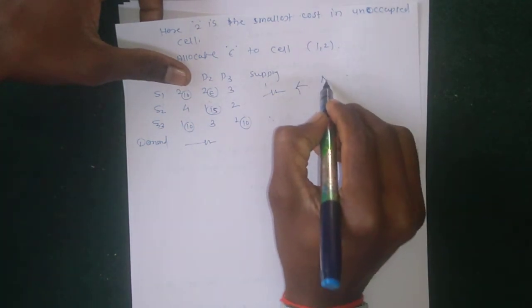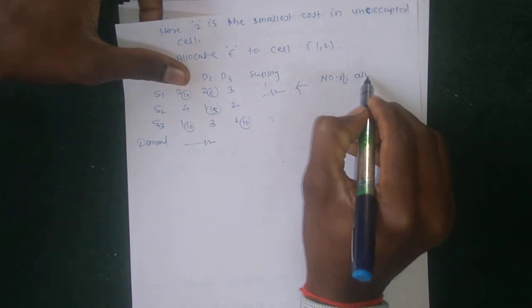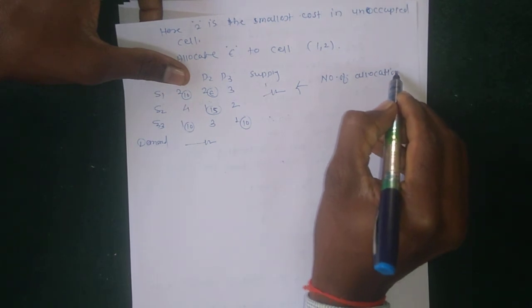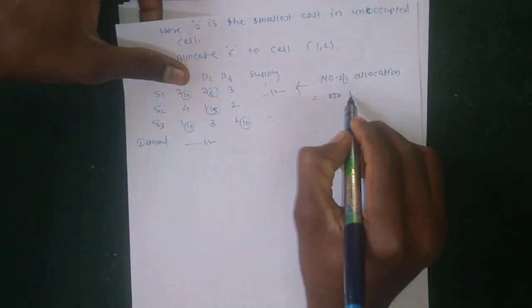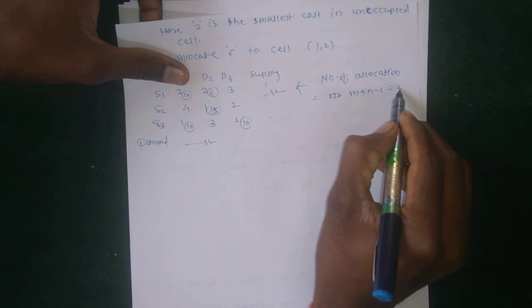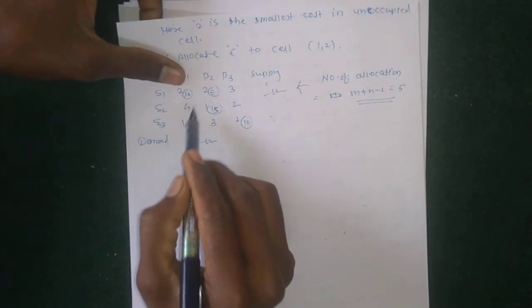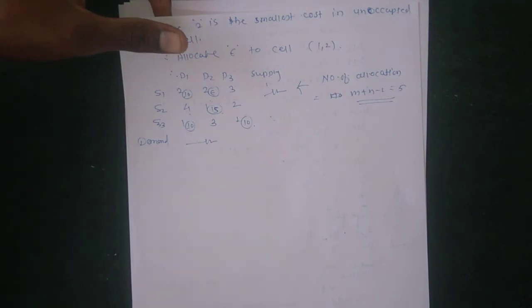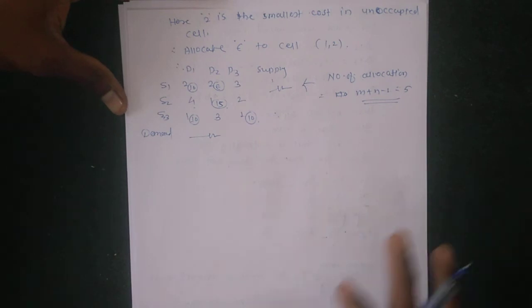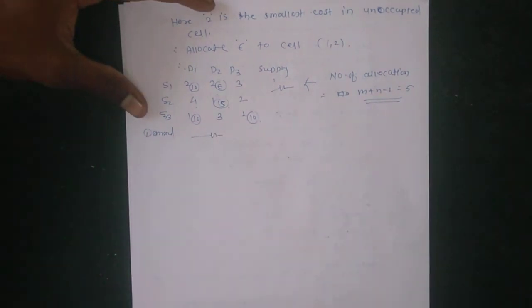Now here the number of allocation is equal to m plus n minus 1, which is equal to 5. So 1, 2, 3, 4 and 5, the number of allocation is equal to 5. And then again we have to find the optimal solution of the given problem.